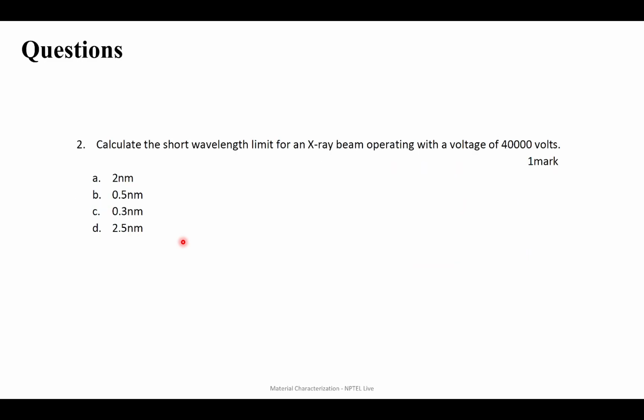Calculate the short wavelength limit for an X-ray beam operating at a voltage of 40,000 volts. Options: 2.5, 0.3, 2.5.